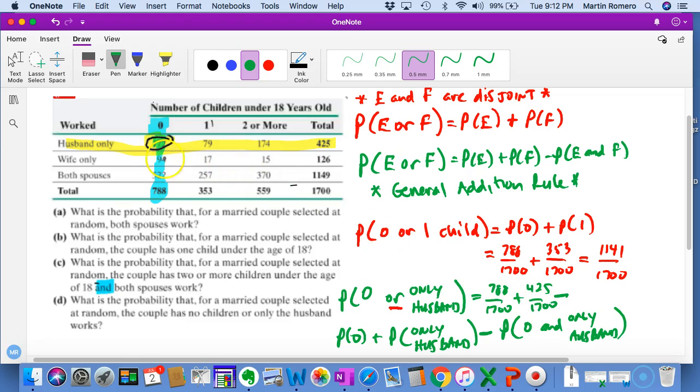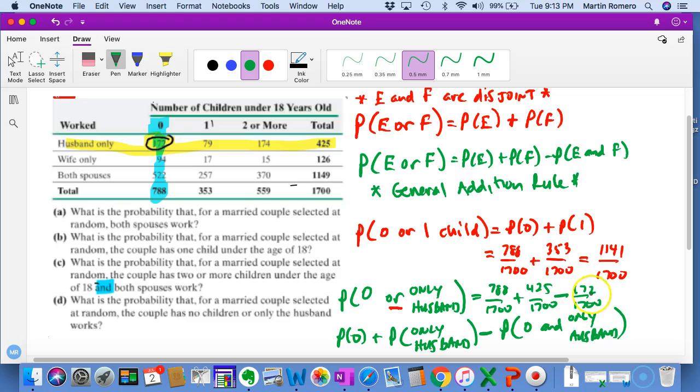There's some in common values in the 778 and the 425. In this case, we're going to subtract out the 0 and only husband because we double counted. To get 778, you double counted 172 over 1700.